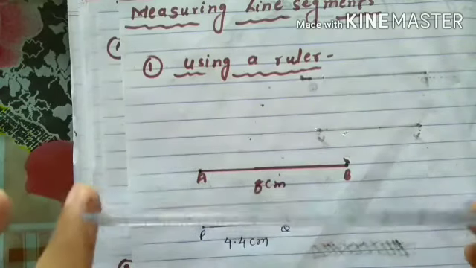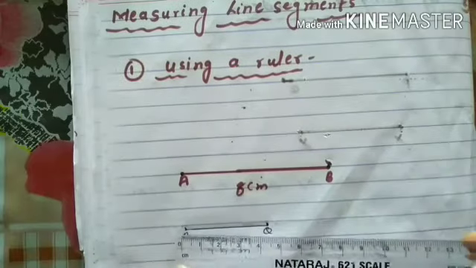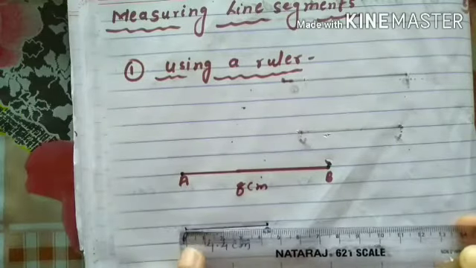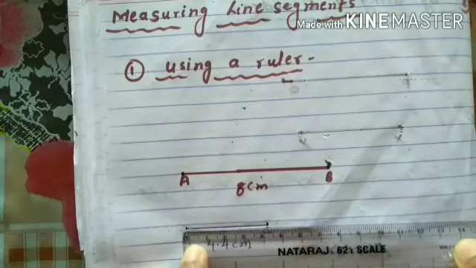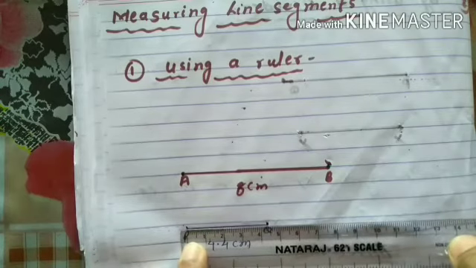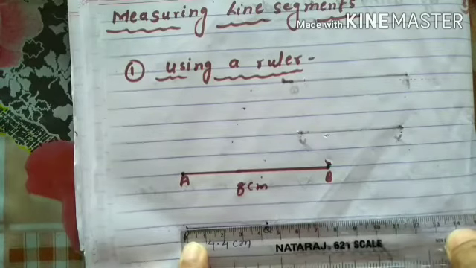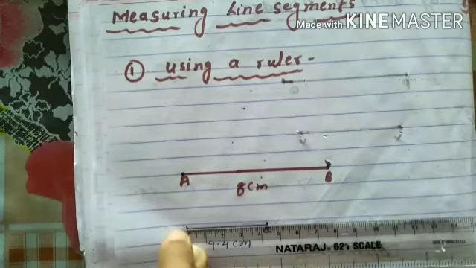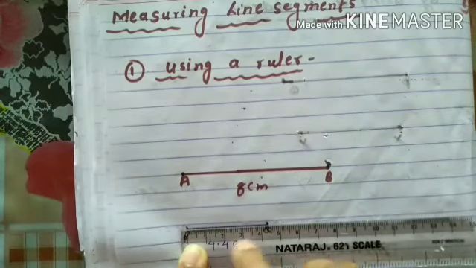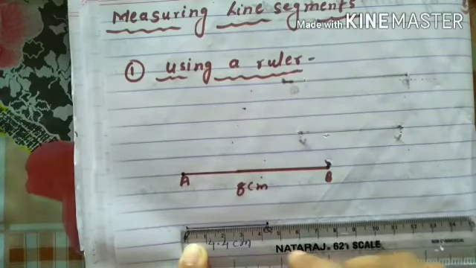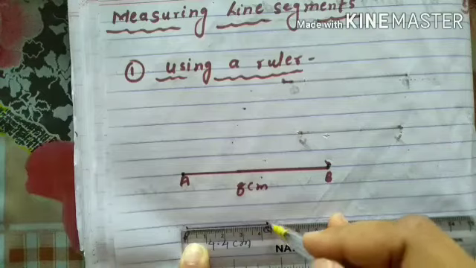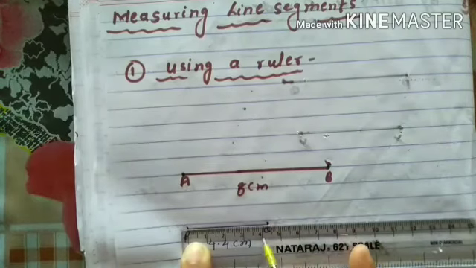Once again, take a ruler, place it on PQ such that the 0 mark falls on point P. Now I have to read the mark on the ruler against point Q. Here it is Q. It is between 4 and 5.